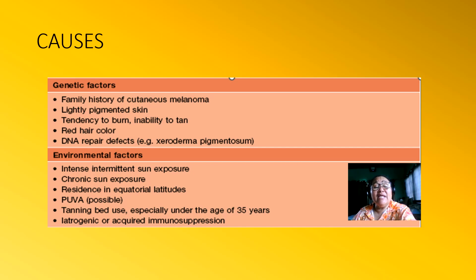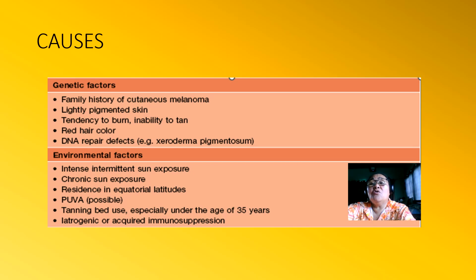Next are the environmental factors. The most significant risk factor is excessive exposure to ultraviolet radiation from the sun or tanning beds, which can damage the DNA of the skin cells.